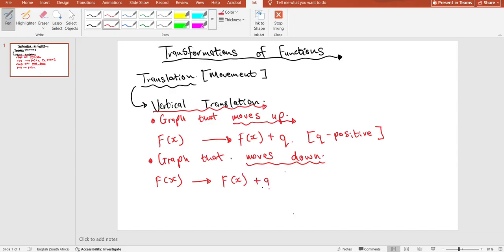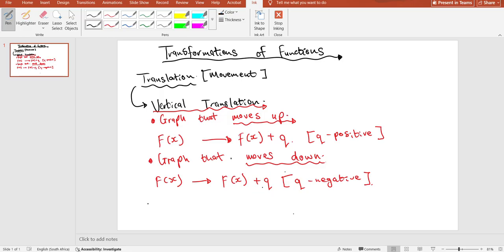But I'll write it as a positive q, plus q, and in brackets, if that q is negative, then that's how you're going to get your downward movement. I hope that is making sense. So the f of x is being subtracted now with a certain value. So if that value of q is -3, the f of x will be moved 3 units down. If that value of q is -4, then the f of x will be moved 4 units down.